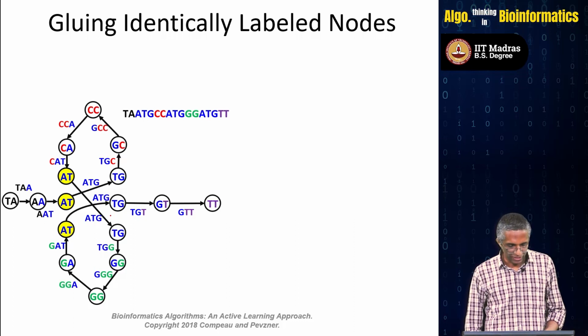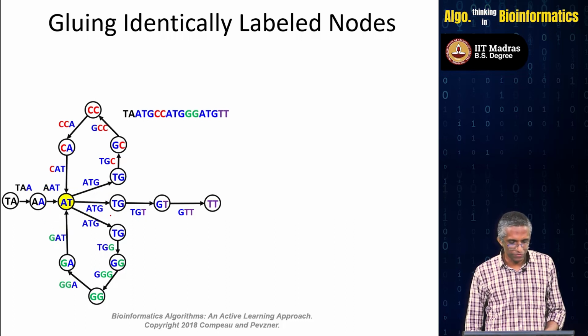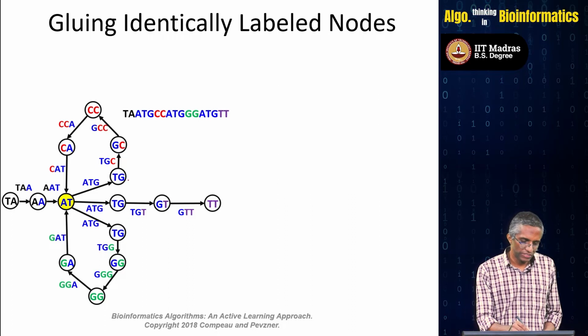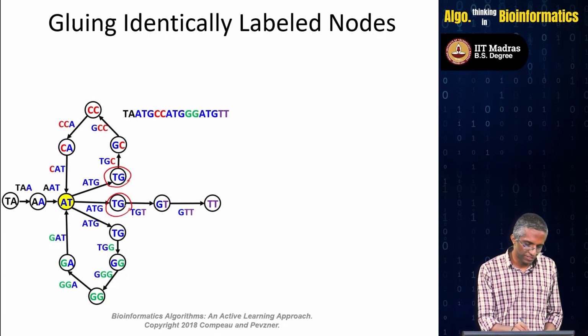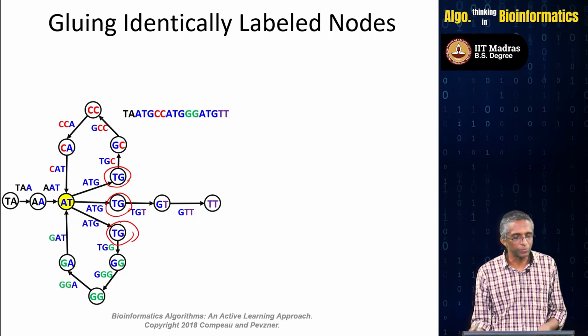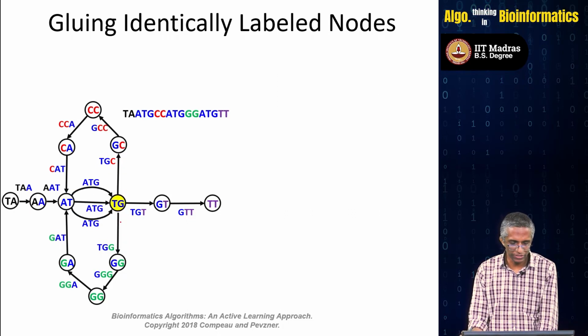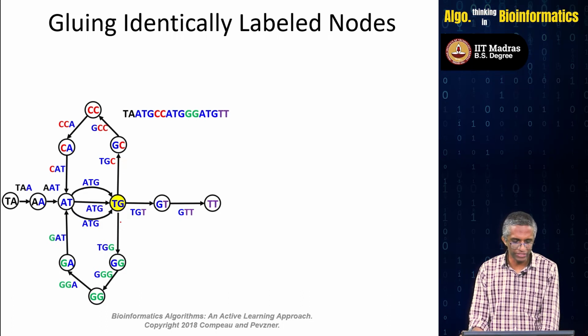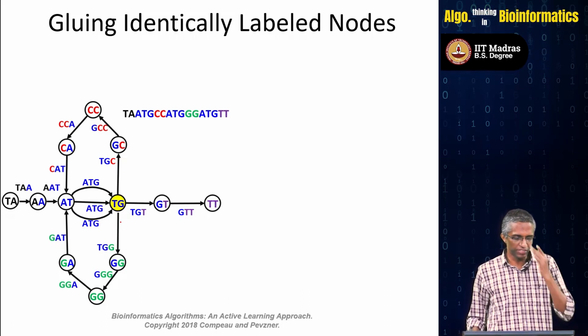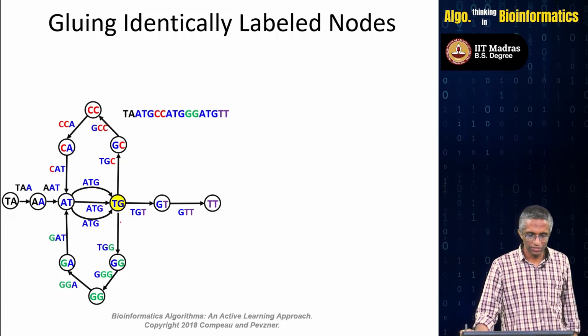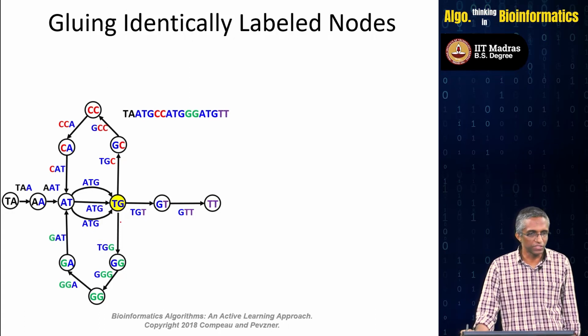And then all of these are merged in this fashion, and you will get this kind of a graph. Again, you can see that there are three copies of TG. All of them have to be merged as well. Then all of them are merged over here, and you get this particular graph. Let's see if there is anything else that needs merging. Do you see any other nodes which are copies of each other and we need to merge?